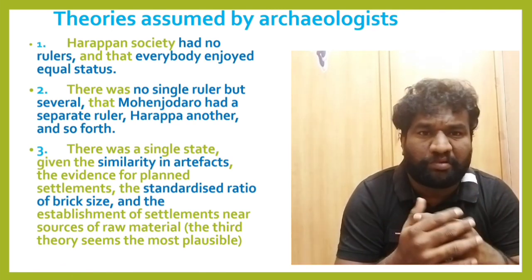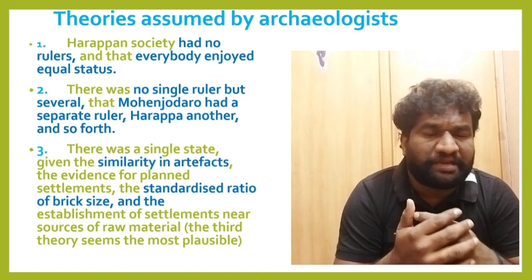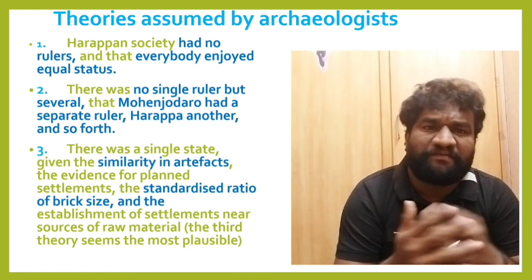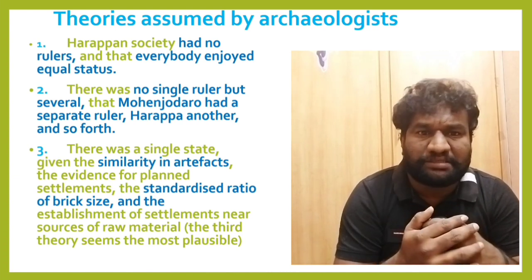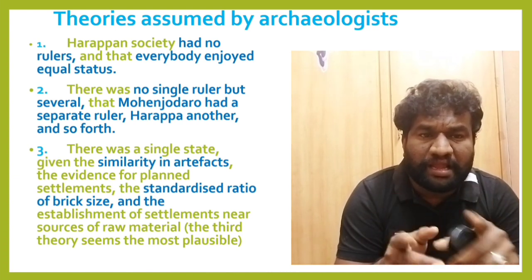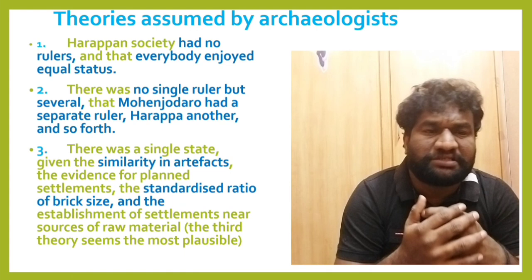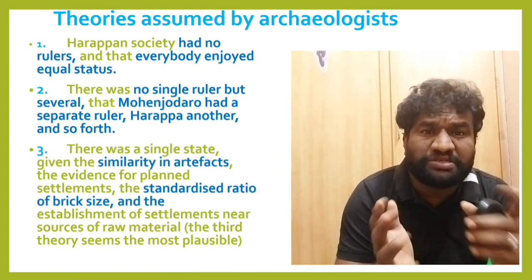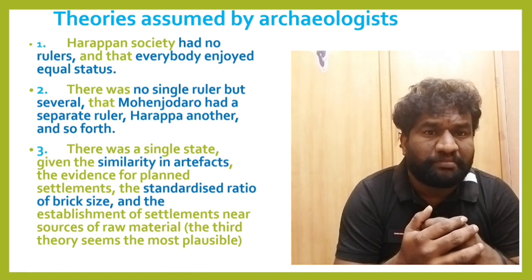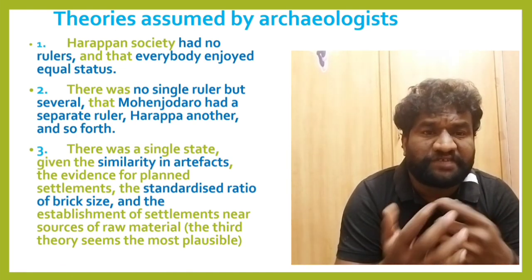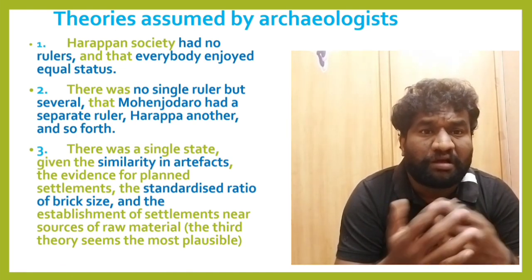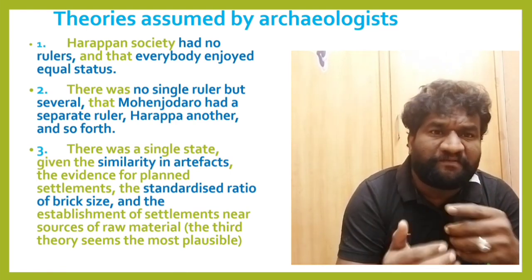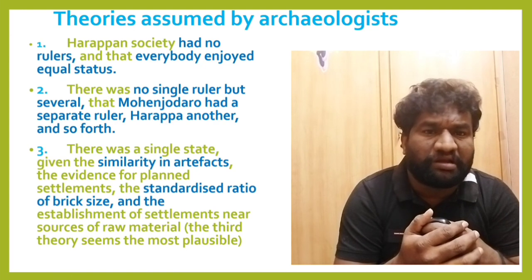That's very important. It's a single state given the similarity in artifacts, the evidence for planned settlements, the standardized ratio of brick size, and the establishment of settlements near the sources of raw material. I hope you understand the different theories assumed by the archaeologists.